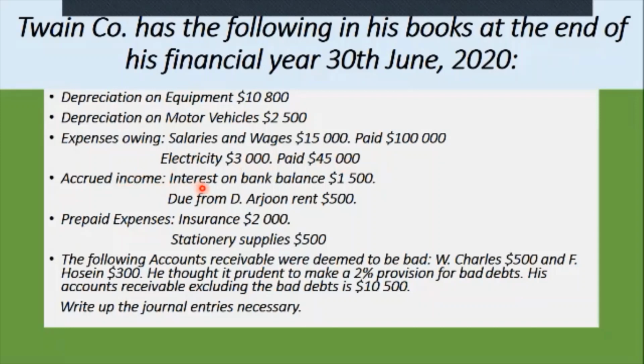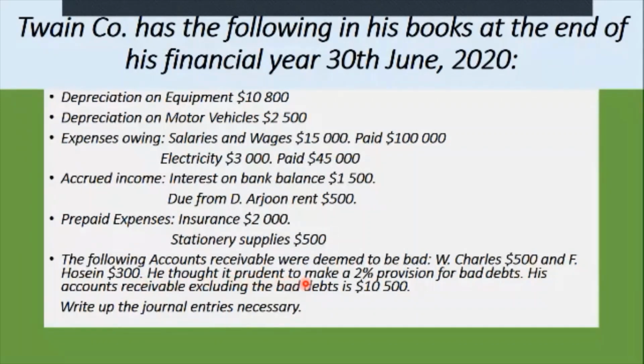Accrued income, interest on the bank balance of 1,500, due from D. Arjun, rent of 500. We have prepaid expenses, insurance 2,000, stationery supplies on hand 500. In addition to that, we have the following accounts receivable deemed to be bad: Charles 500 and Hussein 300.